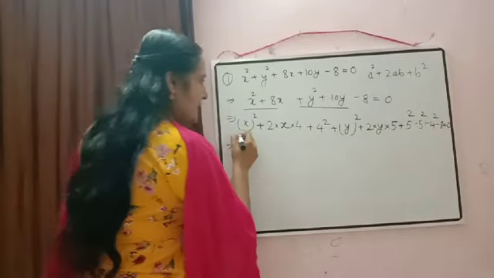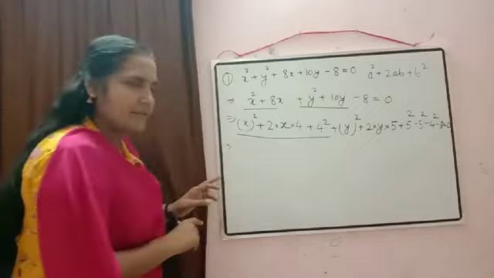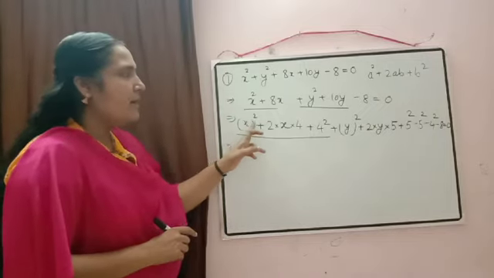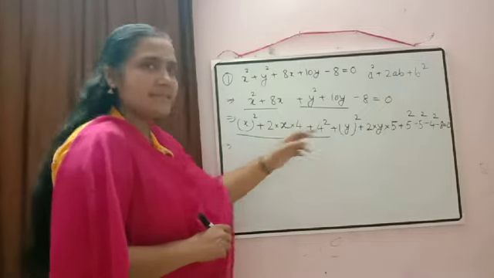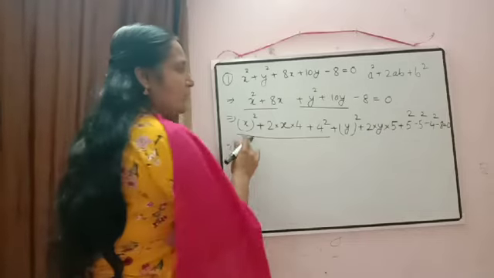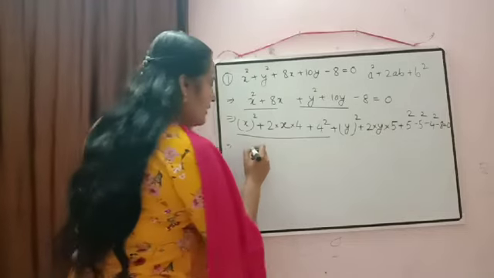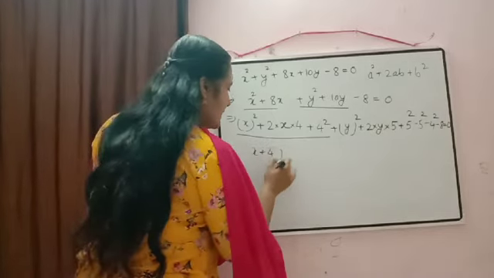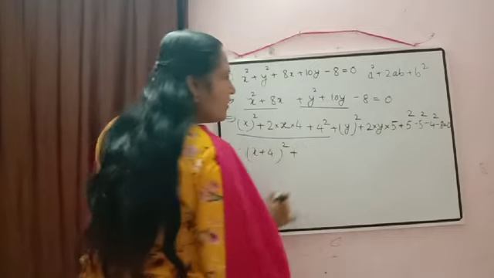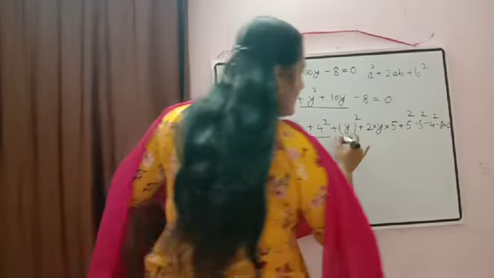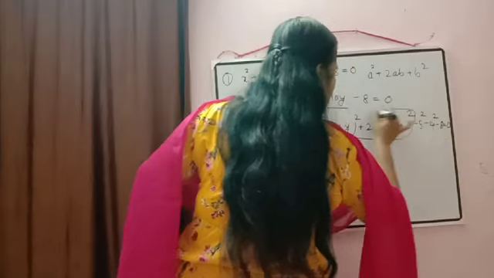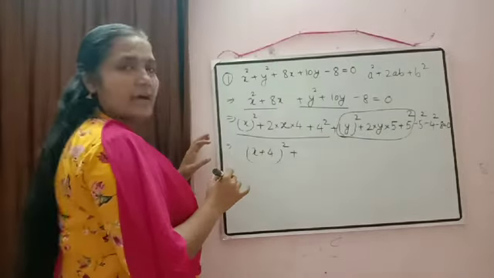Now you just check here this expression. It is in the form of a square plus 2ab plus b square, which is equal to a plus b the whole square. Then we will get here x plus 4 the whole square. Now here what will come? Till here the expression, again it is in the form of identity.